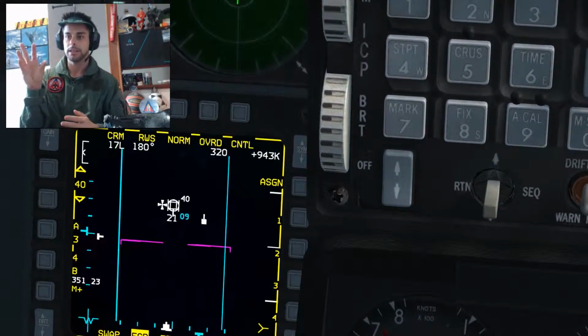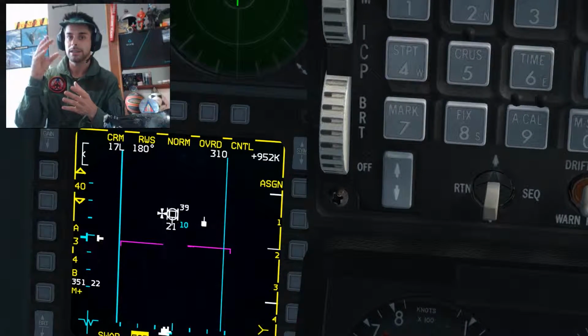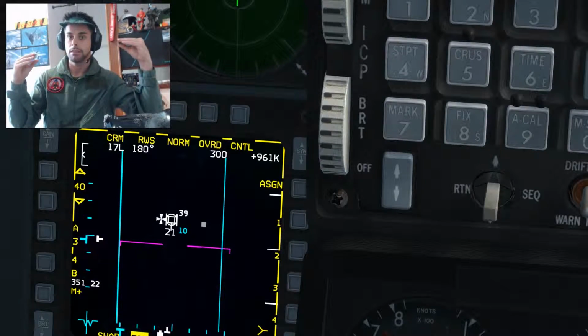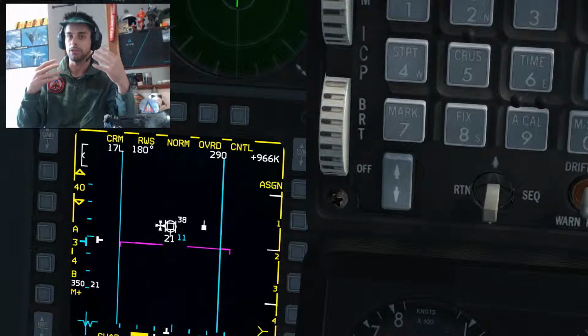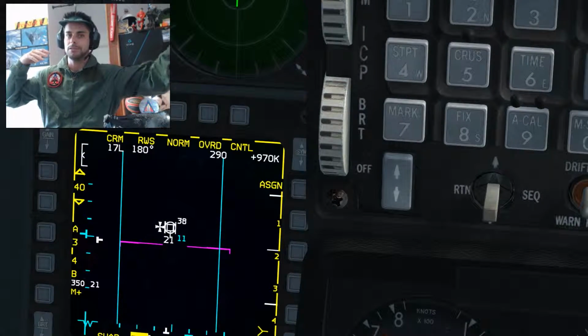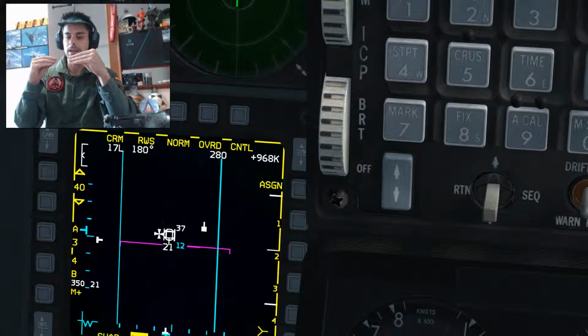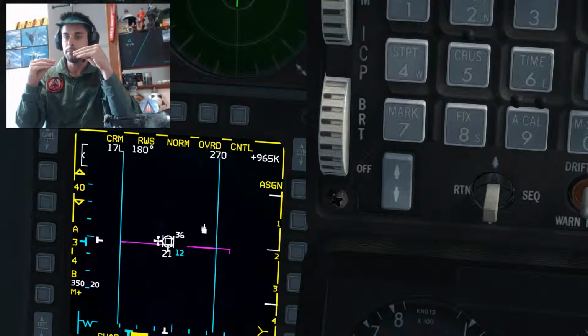Why? Because the antenna has to check that contact more often, because it's really near, and when something is near to you, it's going to change a lot. When it's far, a small movement is not really appreciated, but when you are close, small movements are really appreciated. The same happens with the radar.